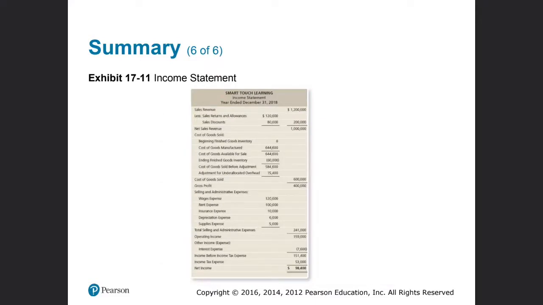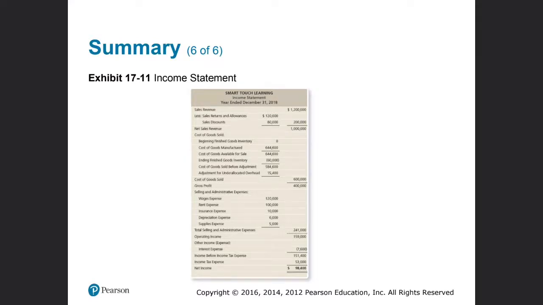And here we have an example of the income statement. So for the income statement, again, we've got our sales revenue. And then if you notice here, we've got some new accounts. So we've got our sales returns and allowances and our sales discounts, and we're going to subtract those out of our revenue to give us our net sales revenue.